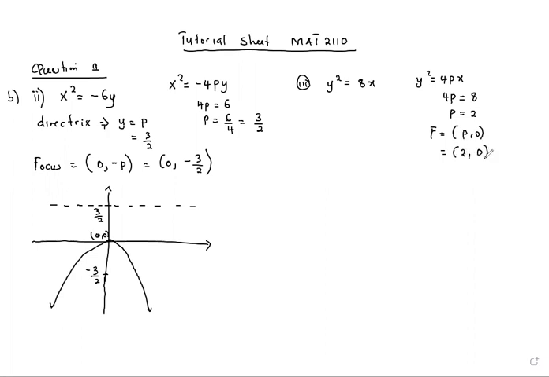So the directrix will be the equation x is equal to negative p. So that x is equal to negative 2. Then you have the sketch.